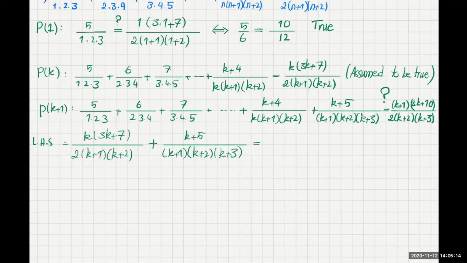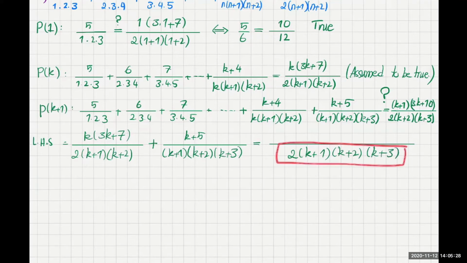So it is clear that the common denominator is 2 times k plus 1, k plus 2, and finally k plus 3. Then if I divide it in my head by this one and that one, those are gone, k plus 3 is left. I multiply k plus 3 in the numerator here.